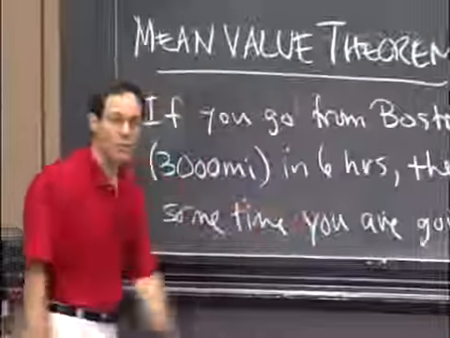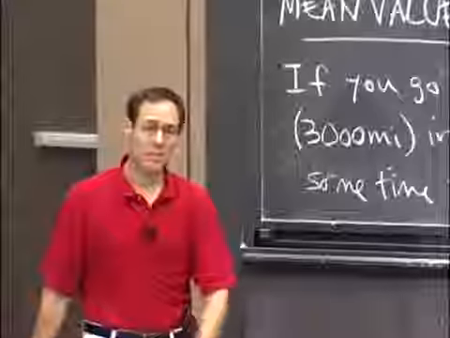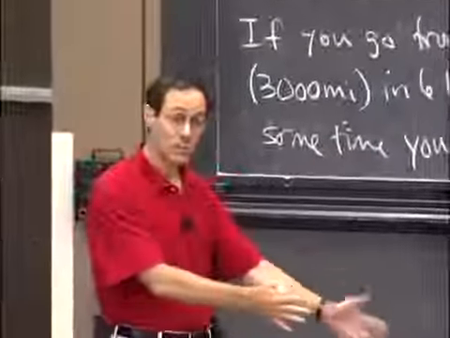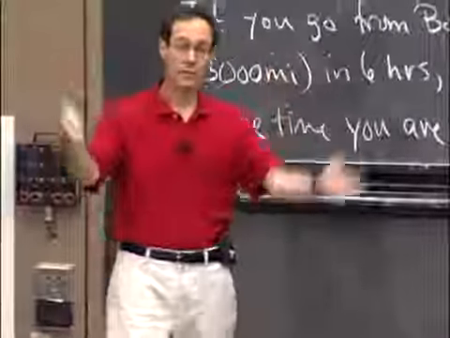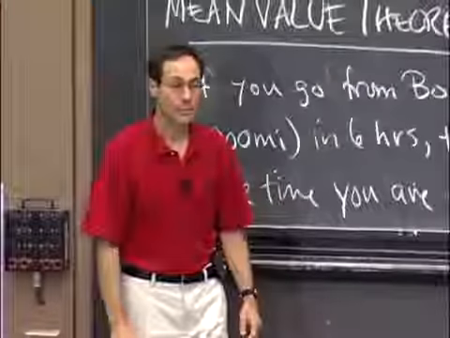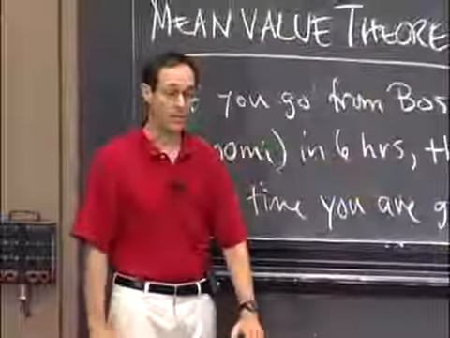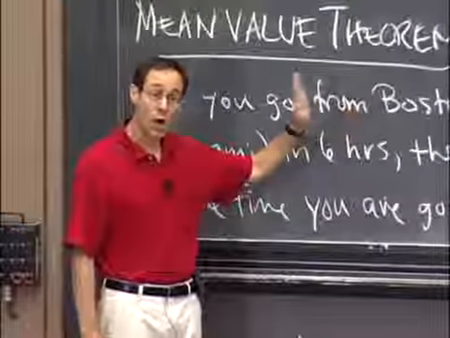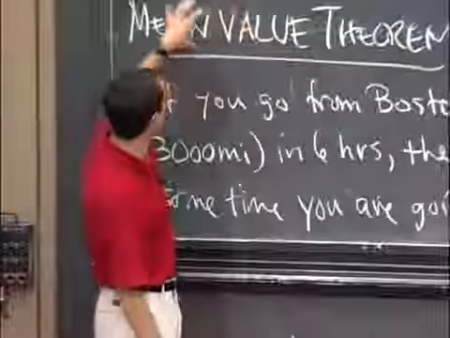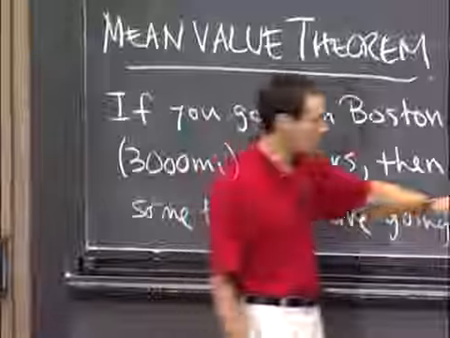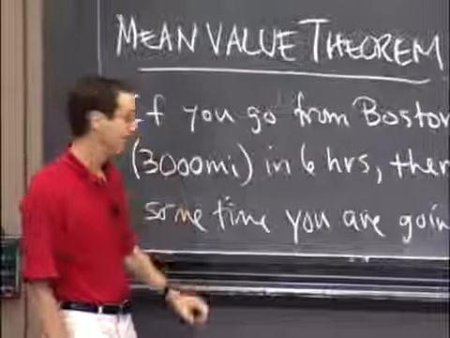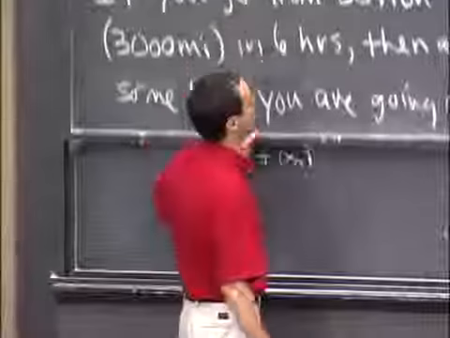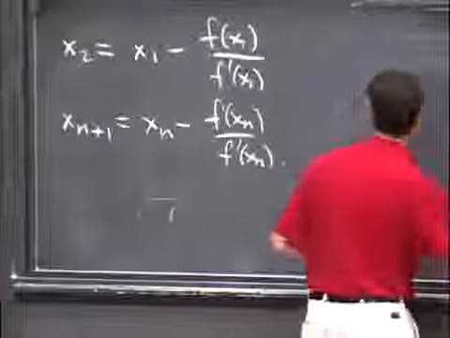So sometime on your journey, of course, some of the time you were going more than 500 miles an hour, sometimes you were going less, and sometime you must have been going 500 miles an hour exactly. That's the mean value theorem. The reason why it's called mean value theorem is that word mean is the same as the word average.